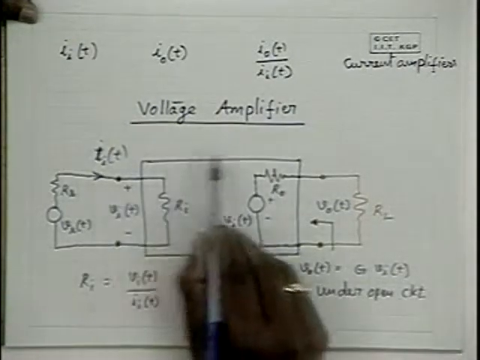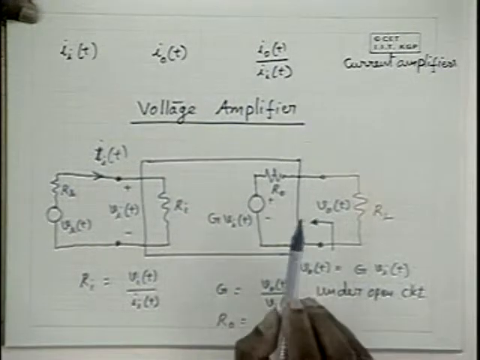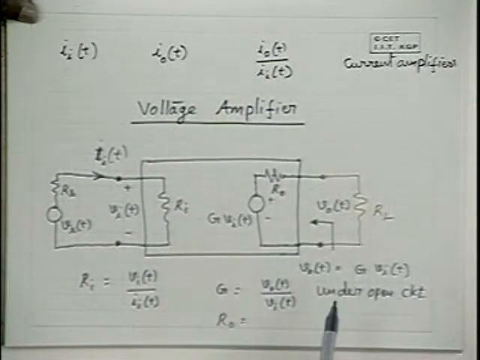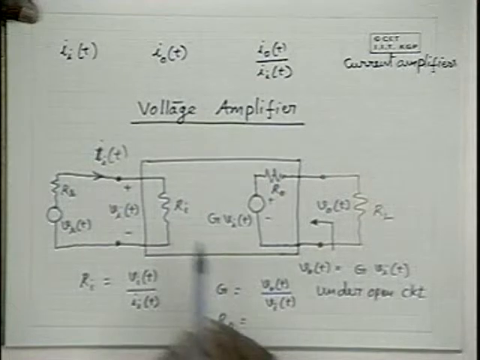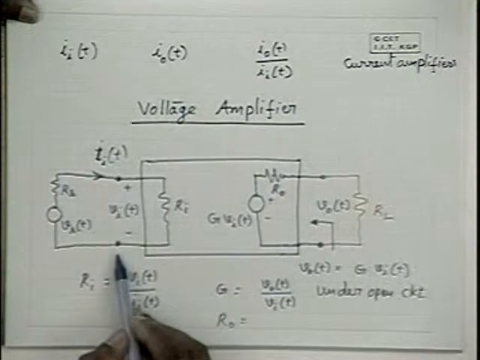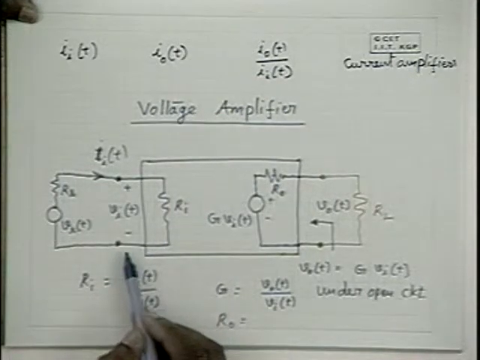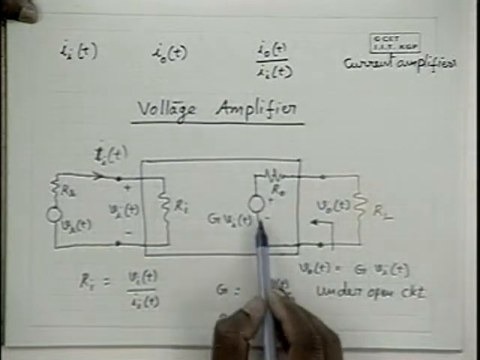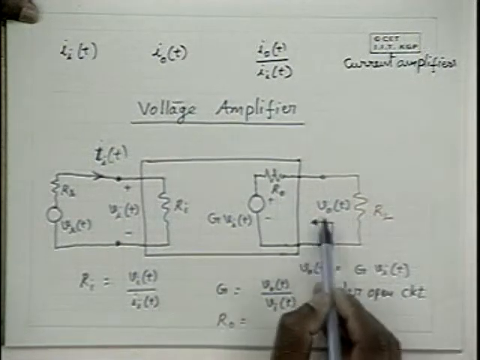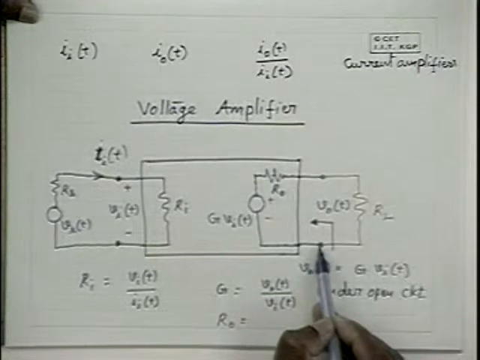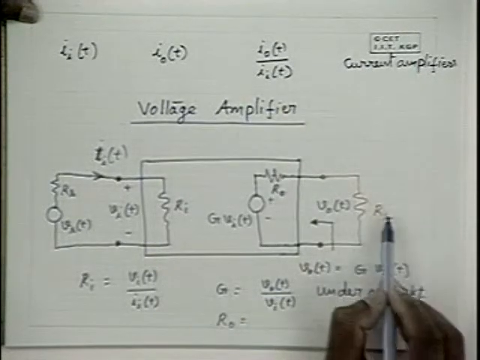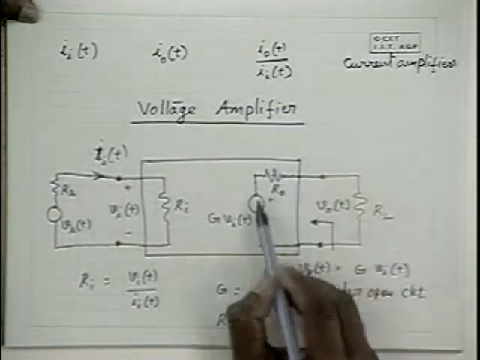So if you are given an amplifier and asked to find R_O, what you have to do is short circuit the input to make this 0, then measure the impedance across the output. How do you measure it? Apply a voltage source and find the current that flows inside.